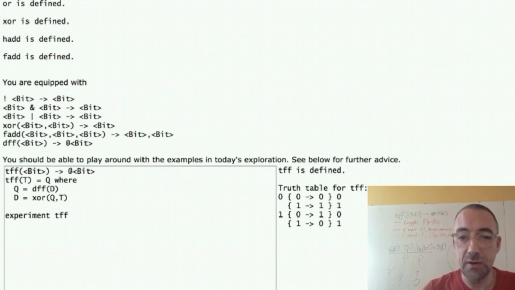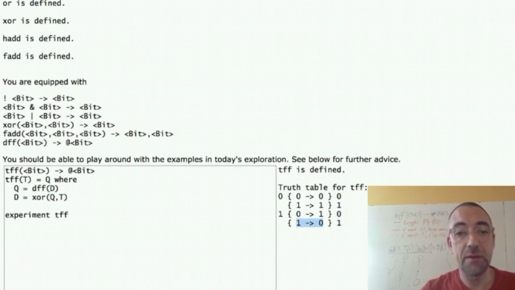So you can see here when T is 0, that the memory stays the same, and moreover that the output is the same as how the memory starts. Meanwhile, when the control signal is 1, again the output is exactly what's in memory, but what happens inside the memory is that the memory toggles. So we have correctly delivered a T flip-flop given a D flip-flop.